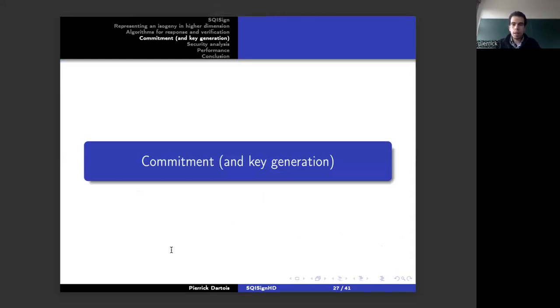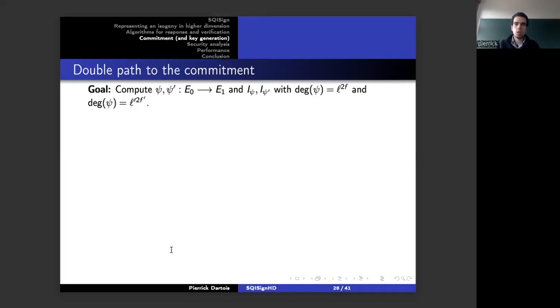I will now explain the commitments and key generation. We need some adaptation compared to SQISign to be efficient. Recall that we need a double path from E0 to the commitments, and the associated kernel ideals as well. And the degrees of those isogenies are just the square of the accessible torsion.